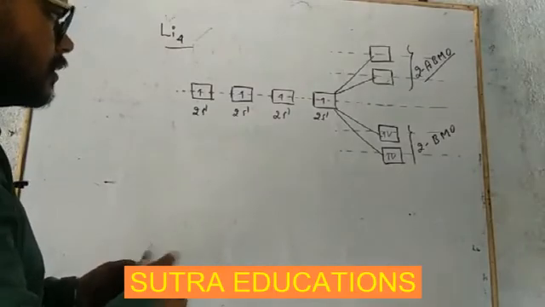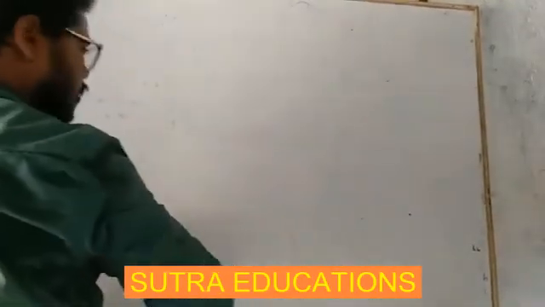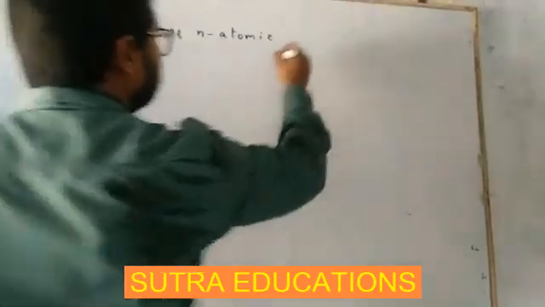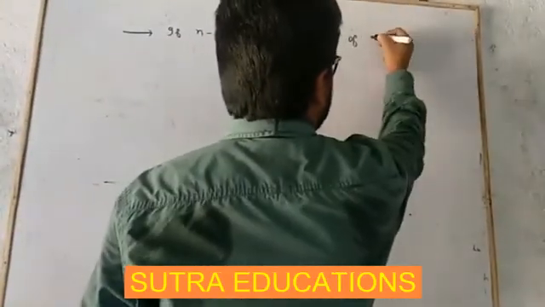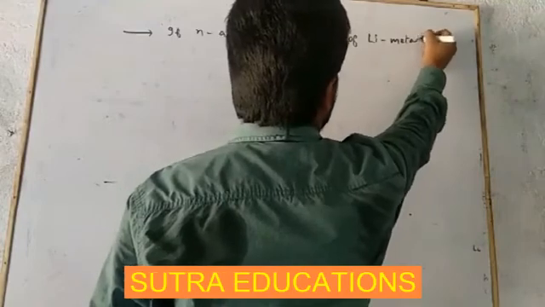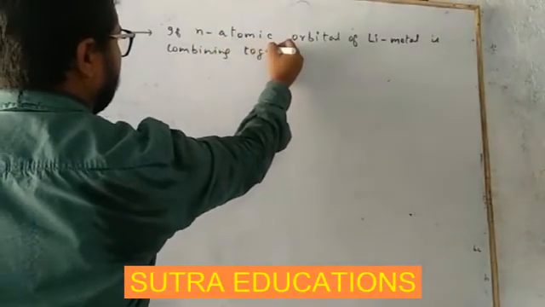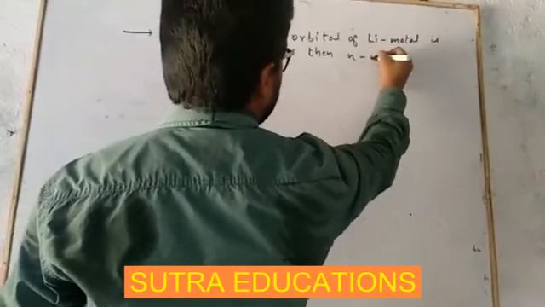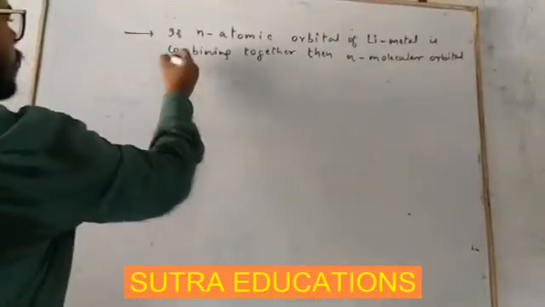So if n atomic orbitals of lithium metal are combining together, then n molecular orbitals will be formed.